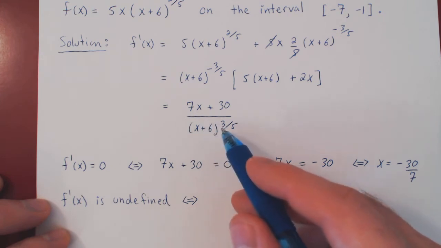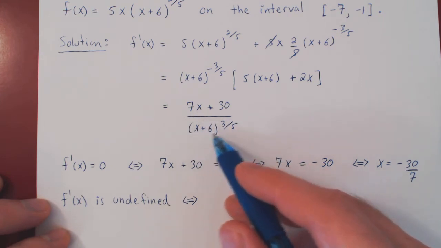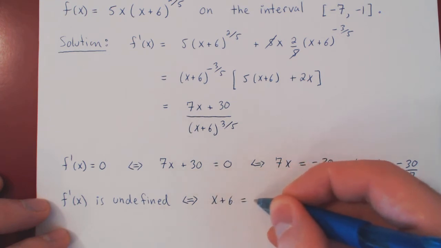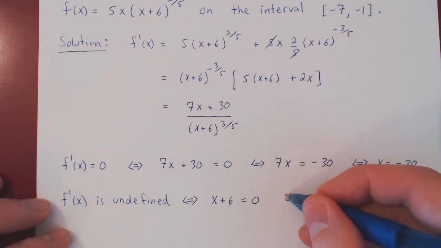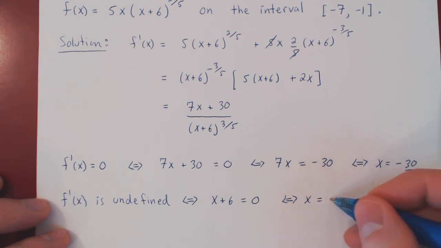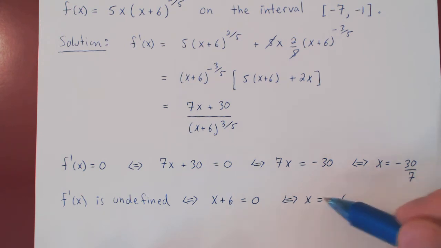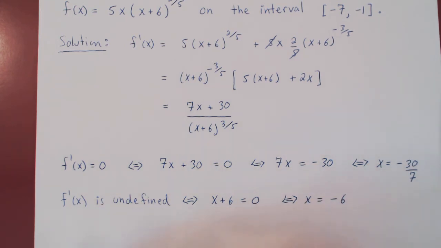But a number to a given power is 0 if the number itself is 0. So if x plus 6 is 0, and of course x plus 6 is 0, quite simply, if x is negative 6. And so we have our two critical points. X being negative 30 over 7 is a critical point because the derivative at this point is 0. X equals negative 6 is a critical point because the derivative there is undefined.